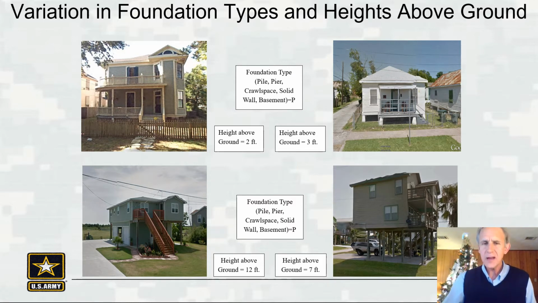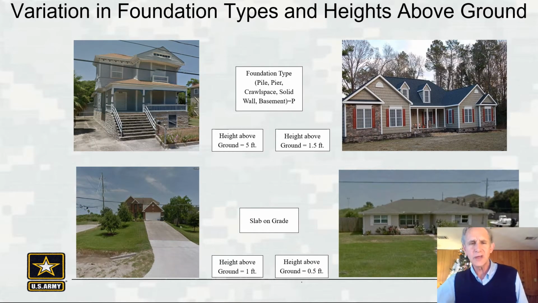So you can see the types of foundations, as you can see at the top. Those structures are just like crawl space, not very high off the ground, pier pile foundation. And then at the bottom you have a closed pile foundation and open pier foundation. So there's all these various types of foundations that you see.